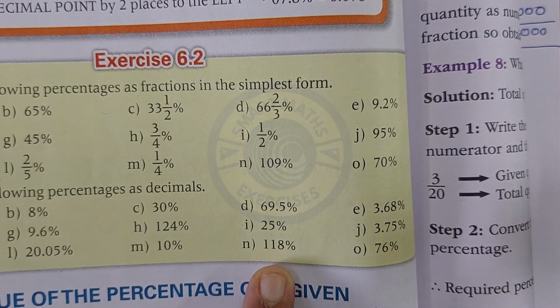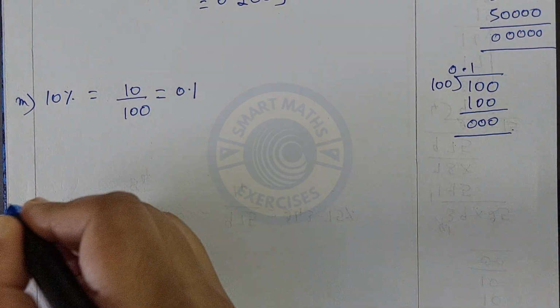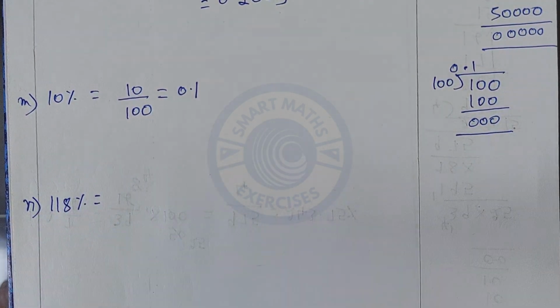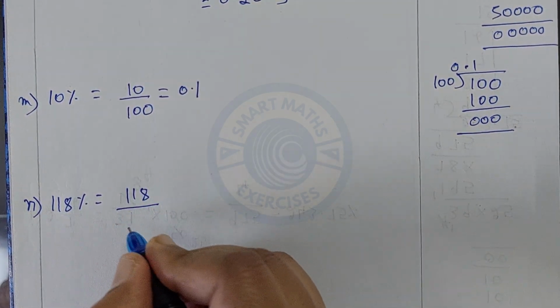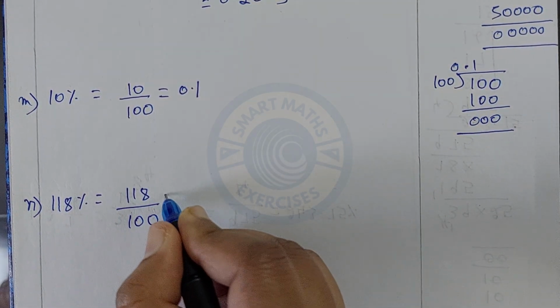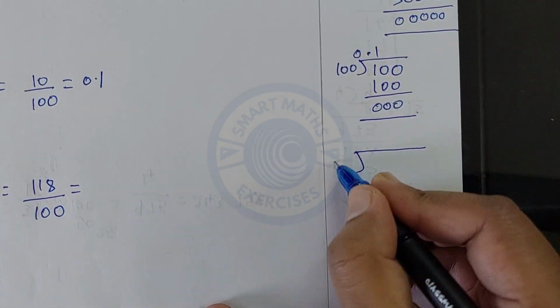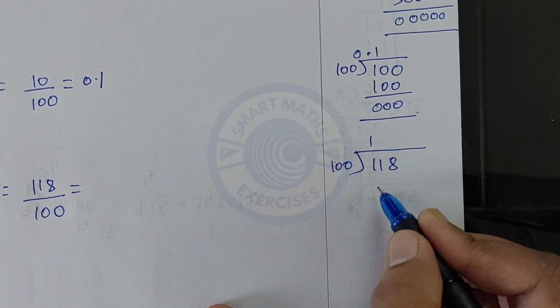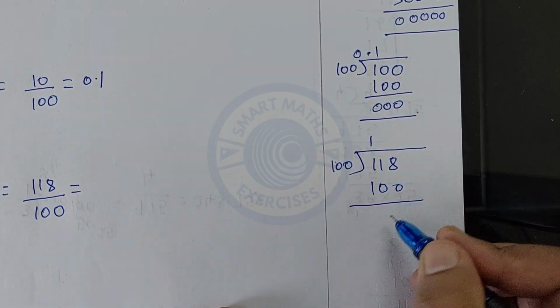Next question is N, 118%. 118 divided by 100. 100 outside, 118 inside. 100 ones are 100. 118 minus 100 is 18.